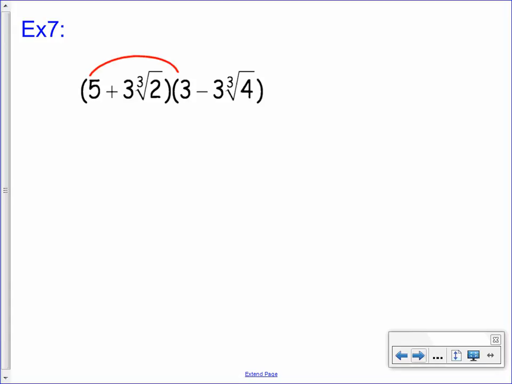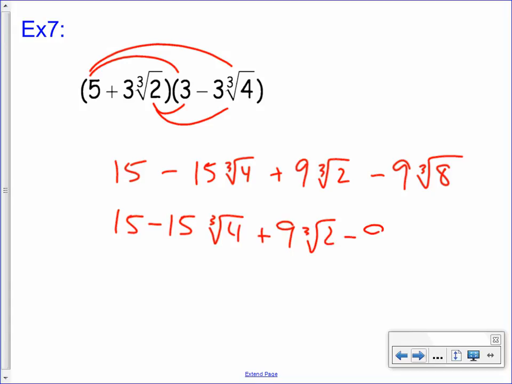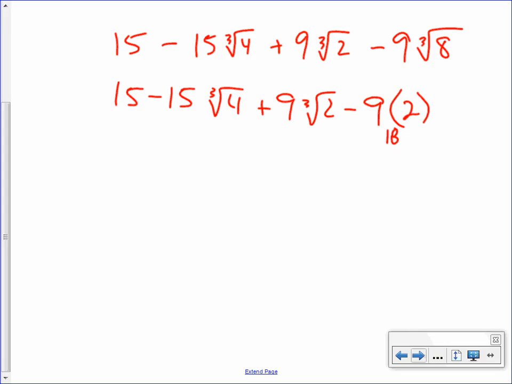Oh, fractions. 15 minus cube roots of 4 minus 9 cube roots of... so 15 minus 15 cube roots of 4, because that's nothing, plus 9 cube roots of 2 minus 9 times 2, which is 18. So 15 minus 18 is negative 3 minus 15.